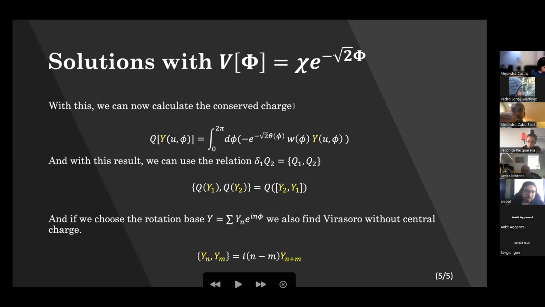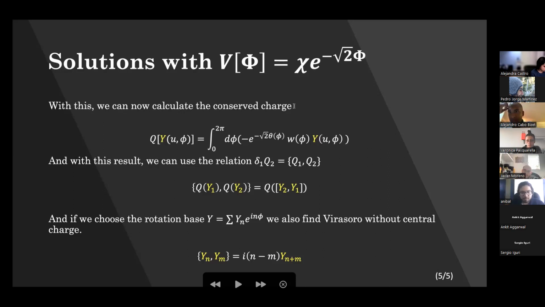Here you can see that we already calculated it, and it's finite, well defined, and integrable. This means that the falloff conditions that we chose are right, or could be a starting point to find other charges.